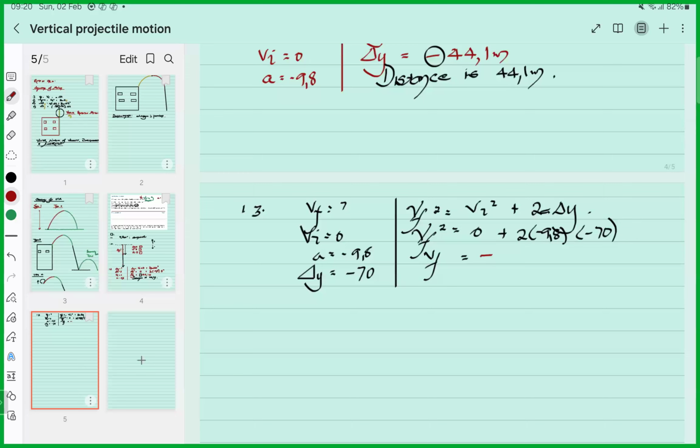Anyone, what is that negative answer? So you're going to take the answer on the calculator and you're going to attach the negative to it because we have taken downwards to be negative. Now, it may seem difficult in this particular scenario where we have to pay such careful attention to these pluses and minuses.